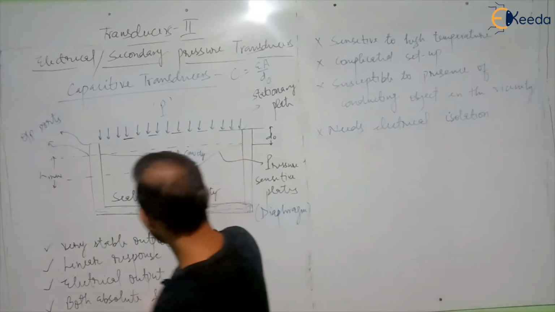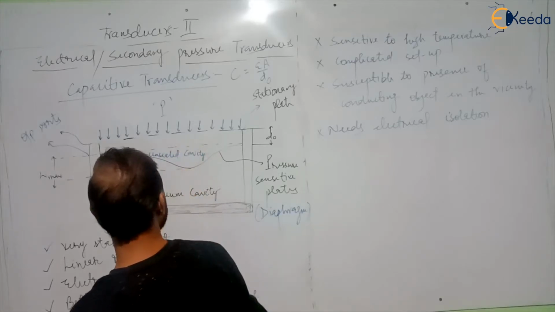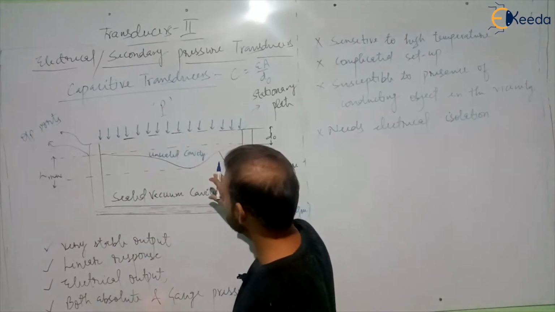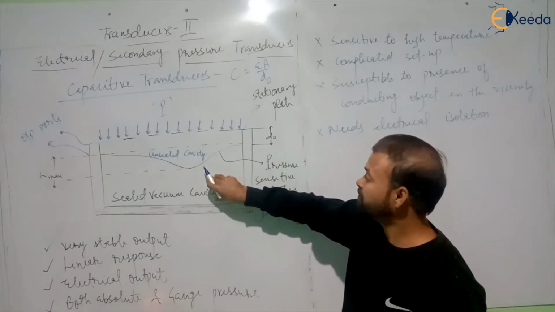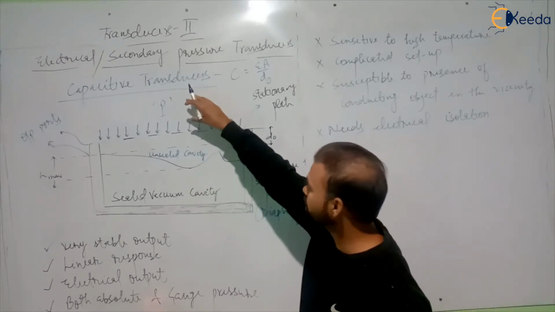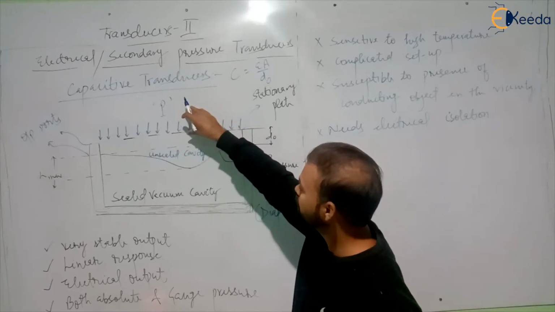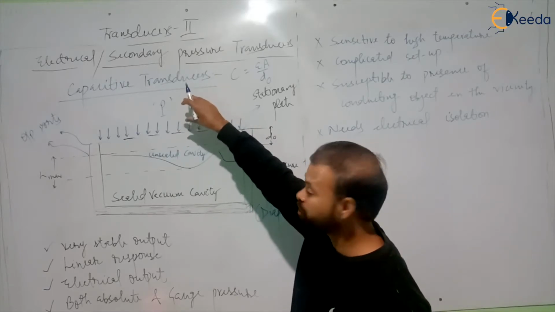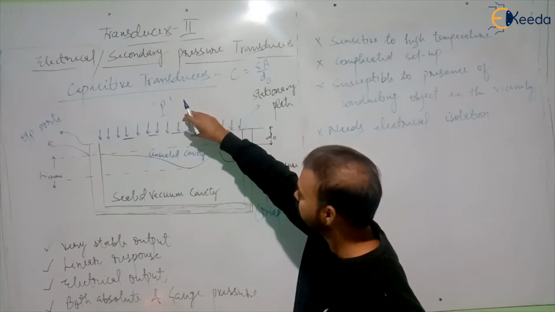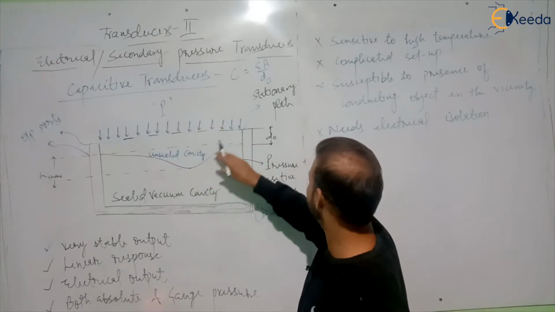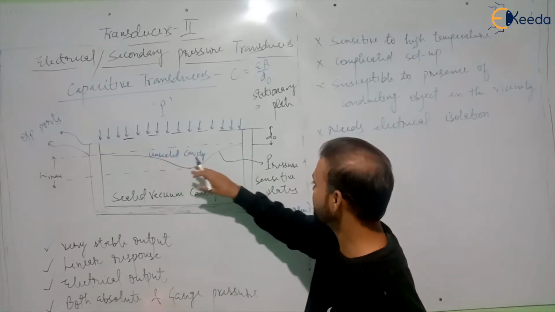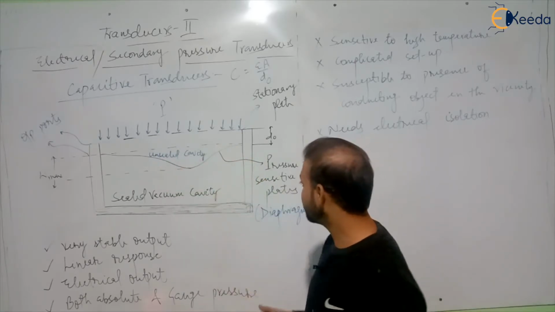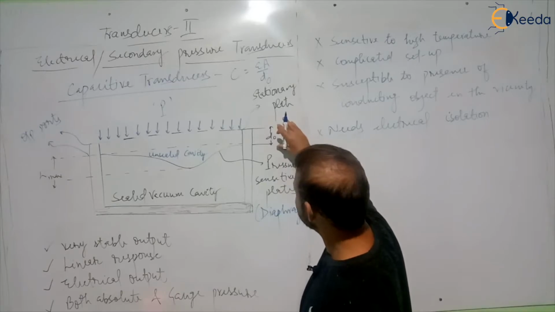So this is your unsealed cavity, and this part is your sealed vacuum cavity. You are applying pressure on this plate, and your pressure sensitive plate is getting deflected, thereby changing the distance between the plates, d naught.